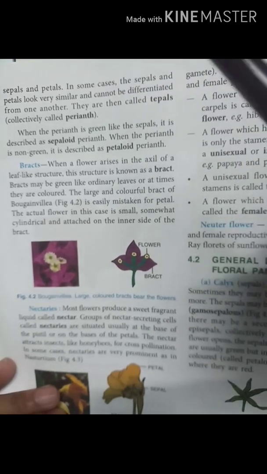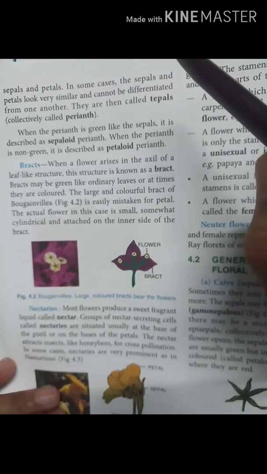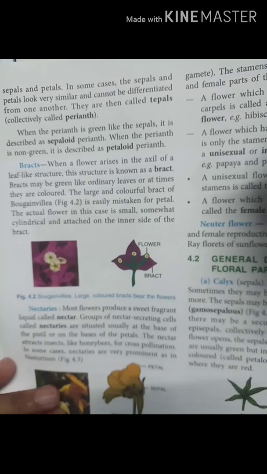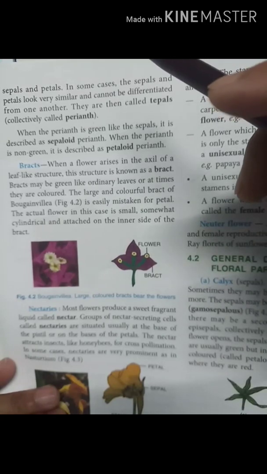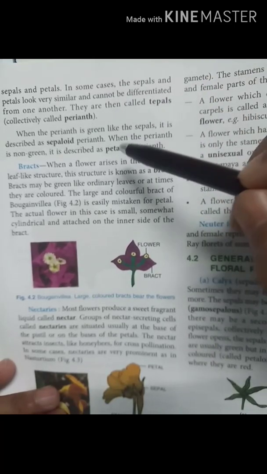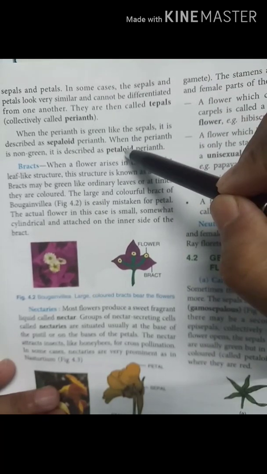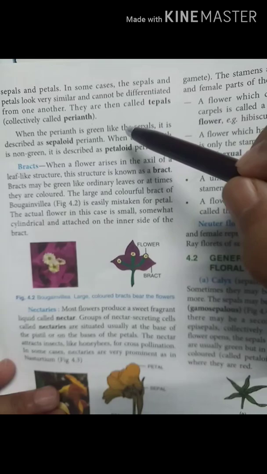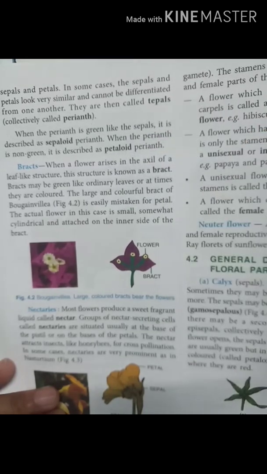If the perianth appears green, it is called sepaloid, because sepals are green. And if the perianth is colorful, meaning petals are colorful, it is known as petaloid. Clear?